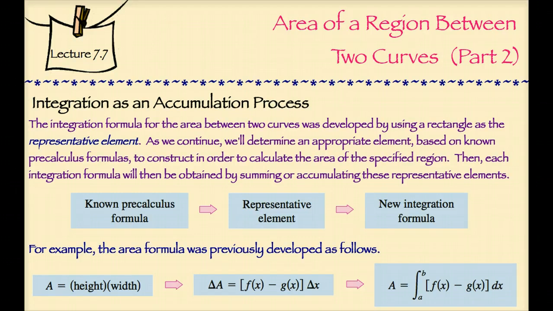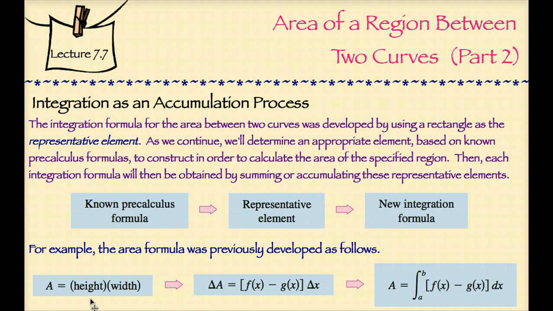Then, each integration formula will be obtained by summing or accumulating these representative elements. This means taking a known pre-calculus formula and then developing a representative element, which will then generate the new integration formula. For example, the area formula was previously developed as follows.